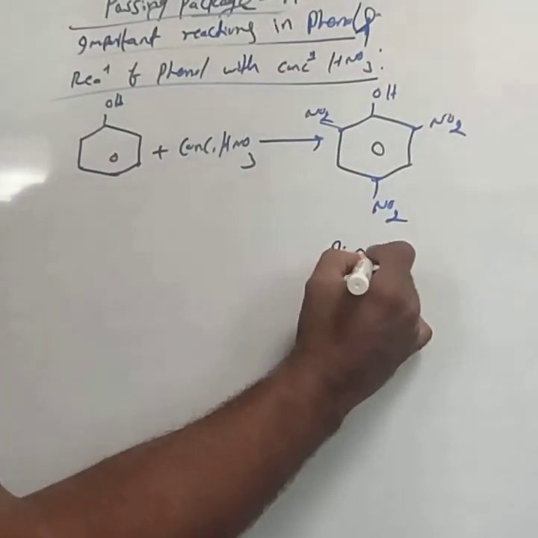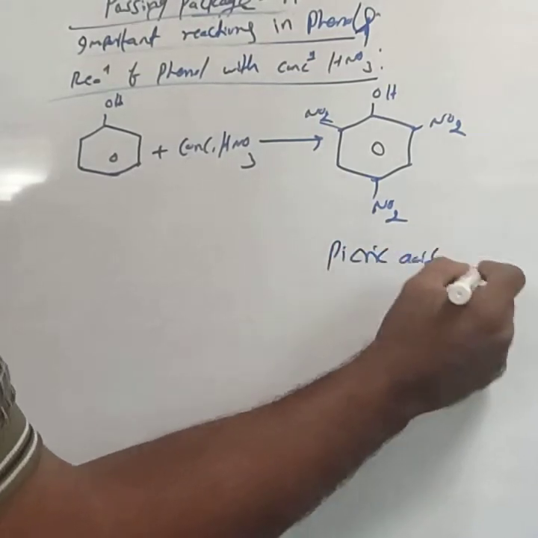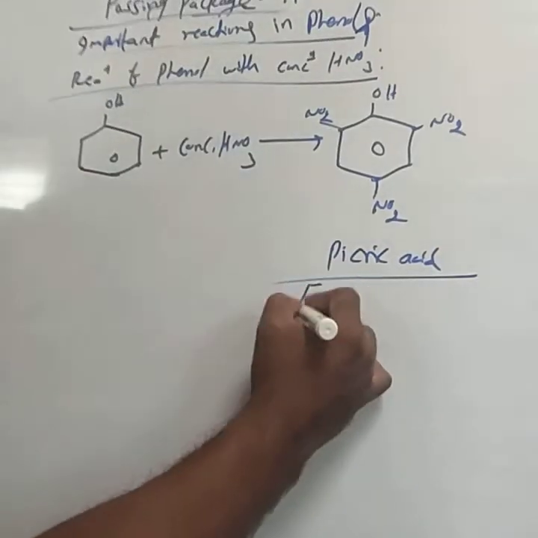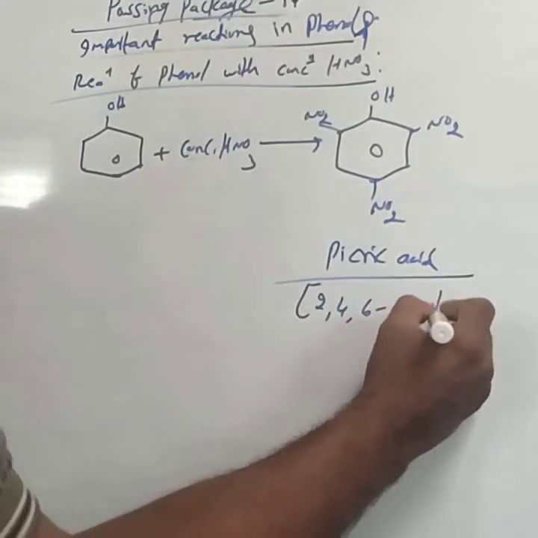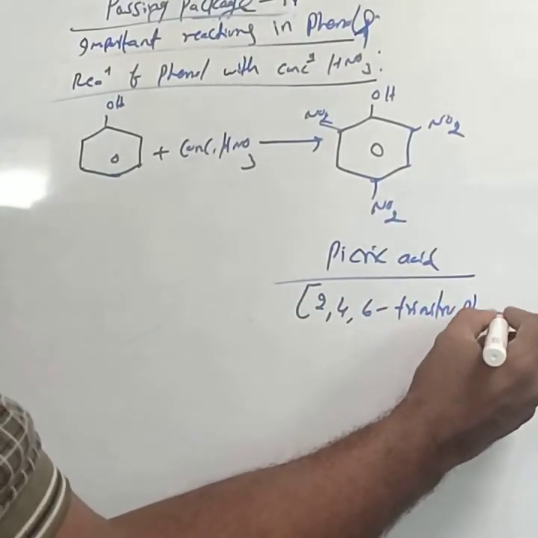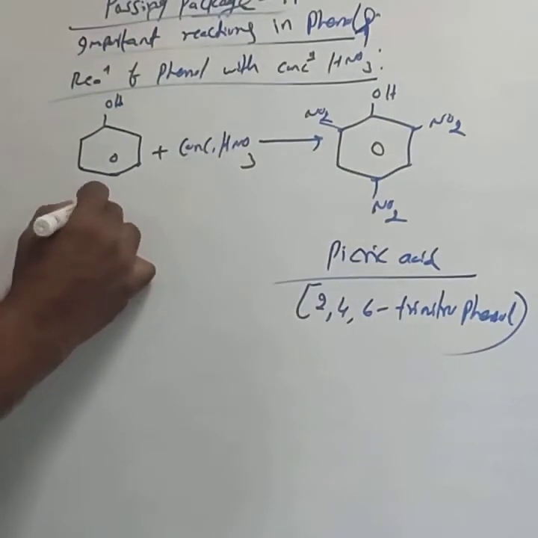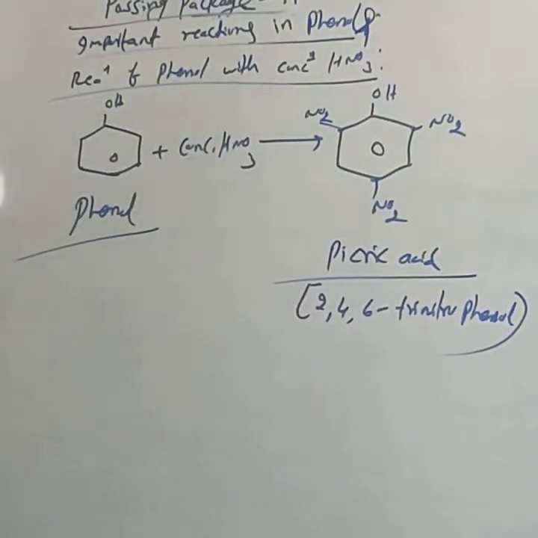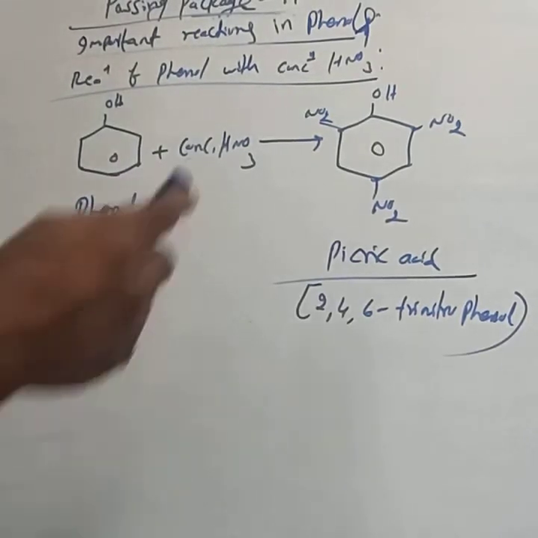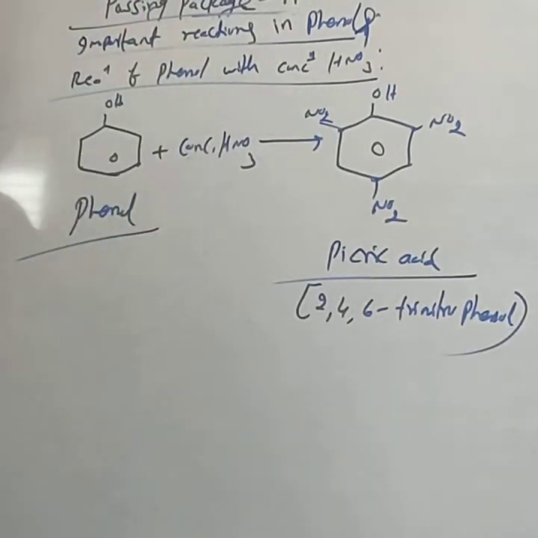This one is picric acid, and its chemical name is 2,4,6-trinitrophenol. This is also one of the important questions. They can even ask for 1 mark the chemical name of picric acid, that is 2,4,6-trinitrophenol.